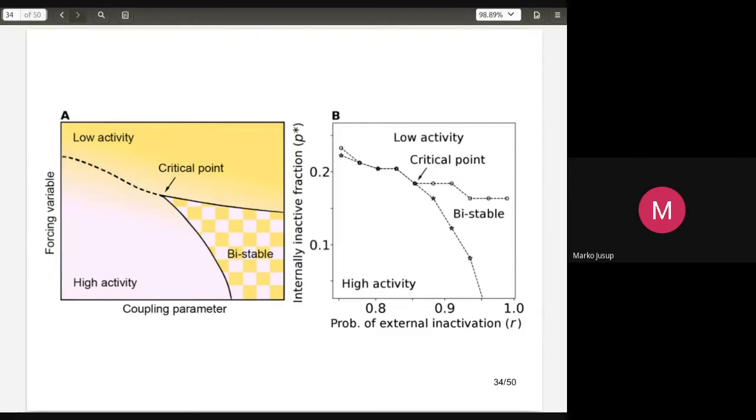Then we have coupling parameters, essentially how strongly two cells are connected on average. More precisely, it would be a probability that the control, so I said beta cells, unlike neurons, beta cells kind of keep each other in check. And this coupling parameter gives the probability that the control by neighbors will be released and the cell will be left to be as active as it wants to be given the glucose concentration.